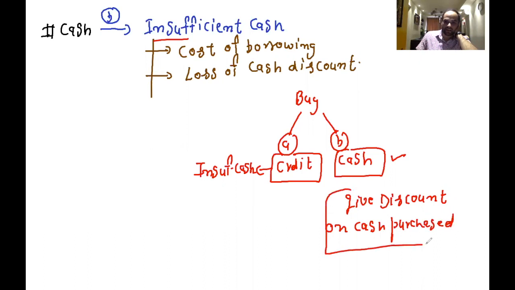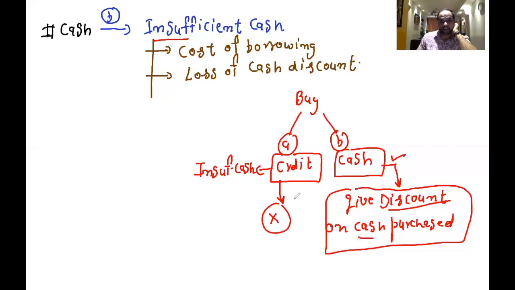So what does it mean? If you are buying on cash, you're more likely to receive discounts. This is called cash discounts. If you are buying on credit, you may not have such benefits. As a result, if you have insufficient cash, you will lose the opportunity to get the cash discounts. That normally happens if you're holding insufficient cash. All right. Next.